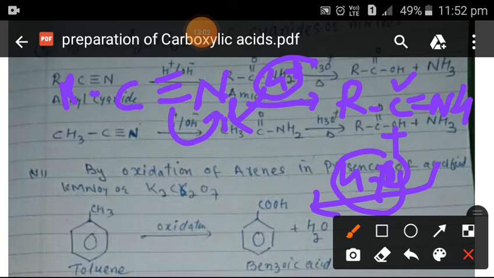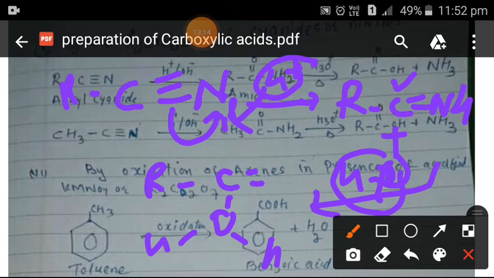The product will be like this, RC(OH2) double bond NH. Sorry, we do not have enough space here. Now this oxygen gets a positive charge, so in order to stabilize this, it loses one hydrogen.